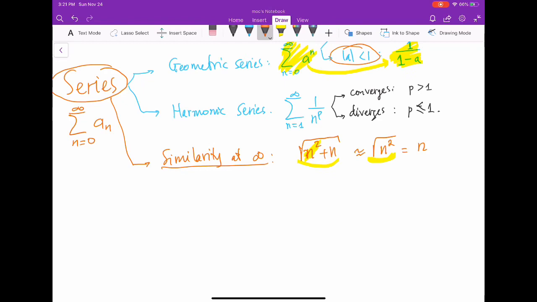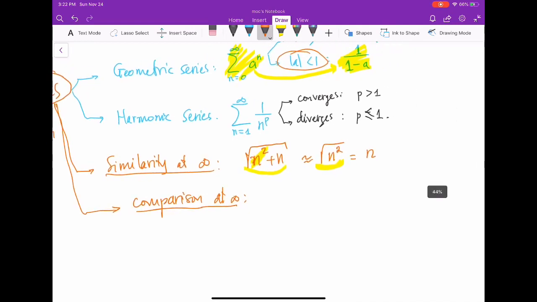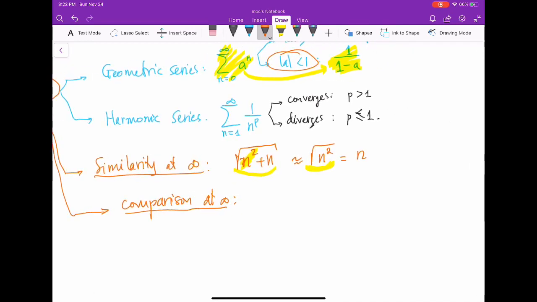Another important one is comparison. Again, comparison at infinity. So we compare four functions. The first one is ln of n.